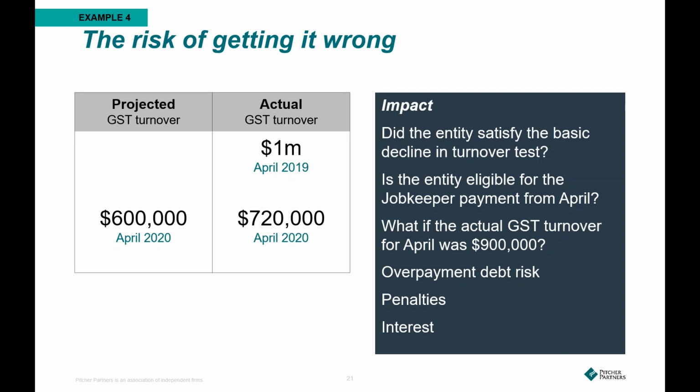That potentially then gives rise, if the ATO determines the calculation was done incorrectly, to an overpayment debt risk, which is basically that the employer has received the JobKeeper payments without being eligible for those payments. It is then at risk of having to repay those payments, even though they would have obviously been passed on to the eligible employees in the sense of the $1,500 per fortnight.